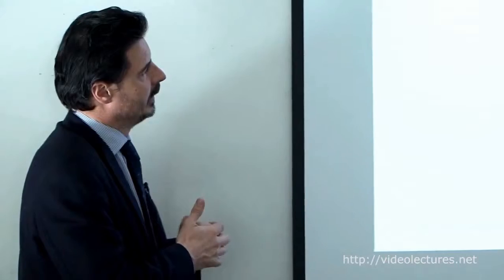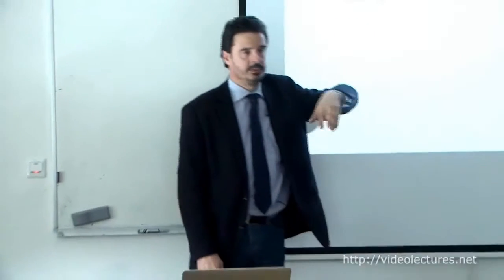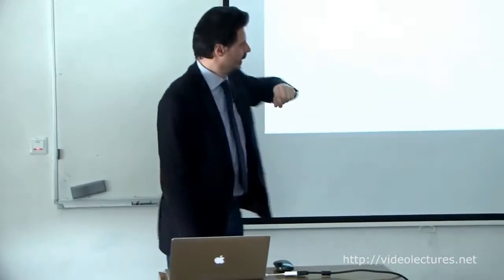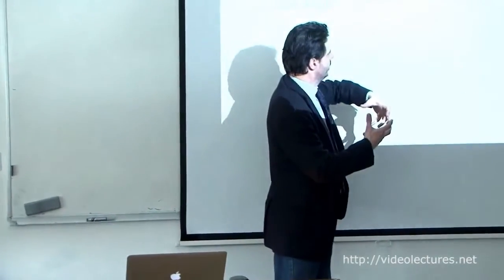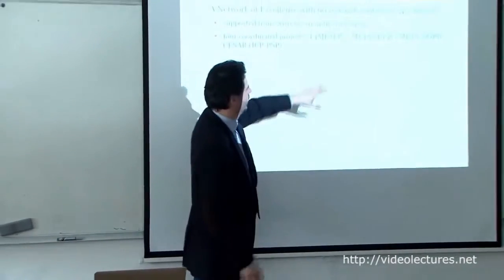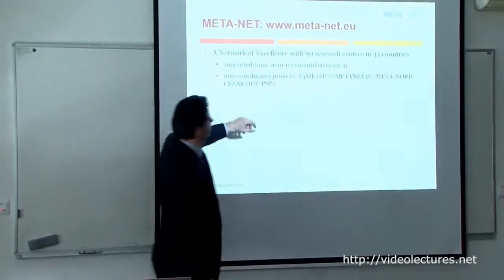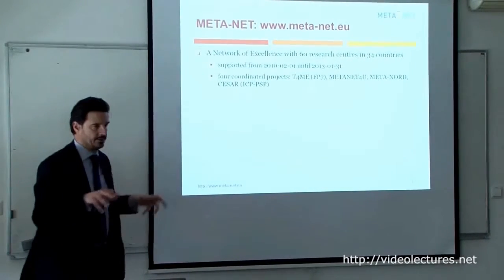It started as an FP7 project, T4ME, where a Slovenian partner, this institute, was one of the founding partners. And then later it was supported in a coordinated way by three additional ICT PSP projects covering other languages.